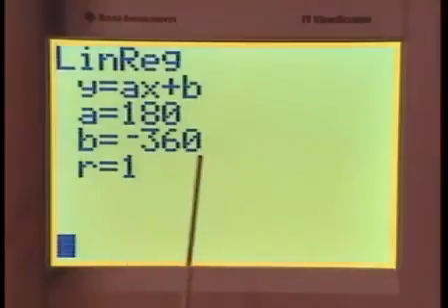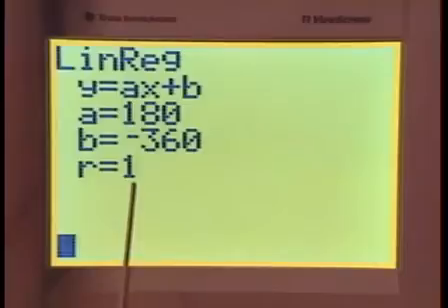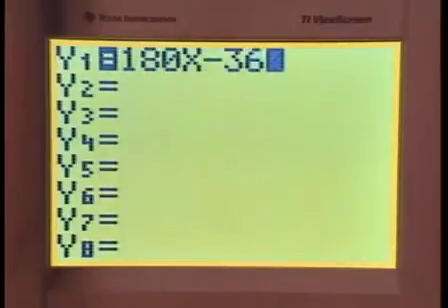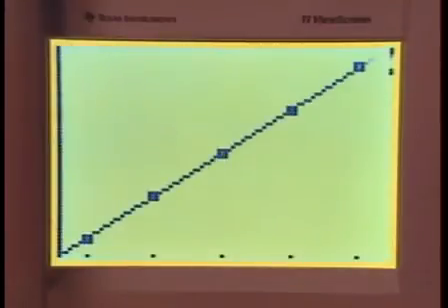There is the B value, or the y-intercept, and a regression of 1 means we have a perfect line. And indeed, we do because we computed it using the property of a triangle. Let's graph this line. Y equals 180x minus 360. That's what we were just told. And let's graph it on top of those points.